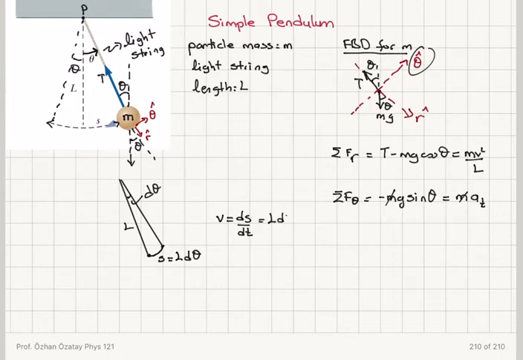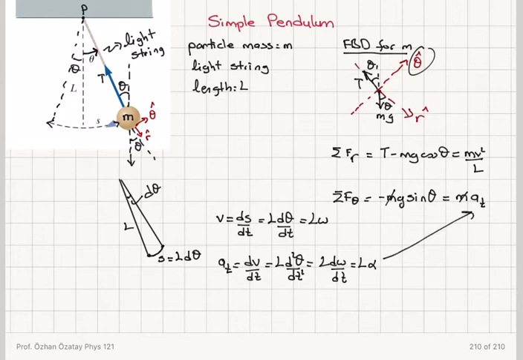If this is my displacement on the tangential axis, then the tangential velocity is ds dt, that is L d theta dt, it will be L omega, and the tangential acceleration is dv dt, it will be L d squared theta dt squared, or L d omega dt, which is equal to L alpha.